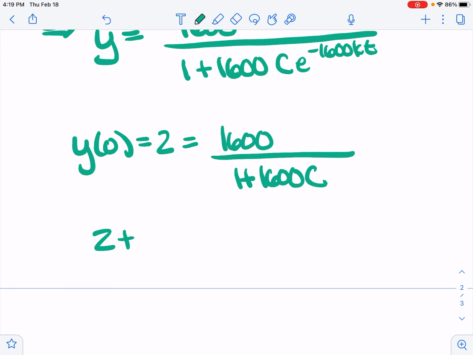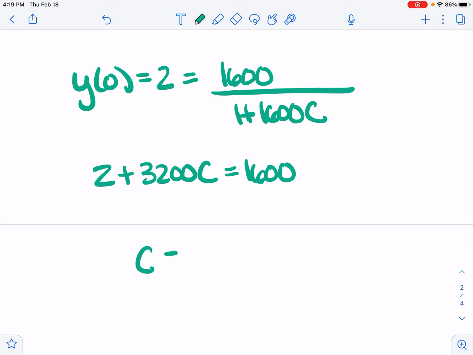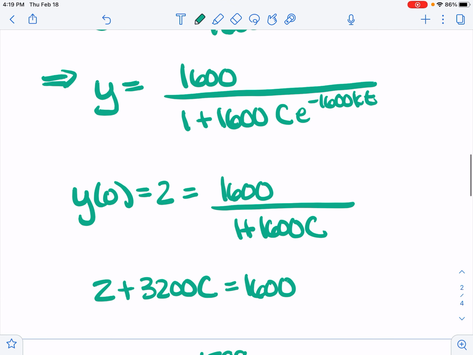So we have 2 plus 3200 c equals 1600. So c equals 1598 divided by 3200, which reduces to something. At any rate, that will go in here, and that'll be our solution.